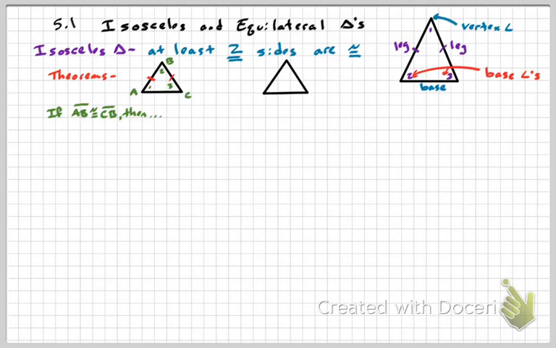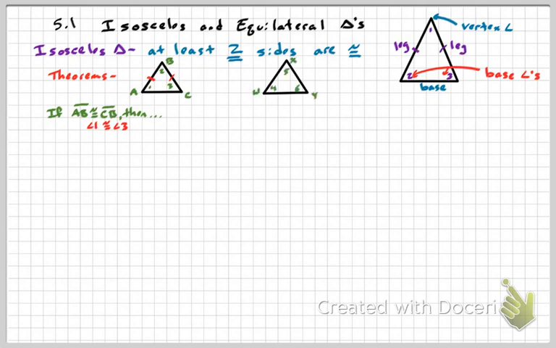Angle 1 and 3 are our base angles, and side AC is the base. So if you know that AB is congruent to BC, you can conclude that angle 1 is congruent to angle 3. So what that theorem is stating is that if it's an isosceles triangle, then base angles are congruent.